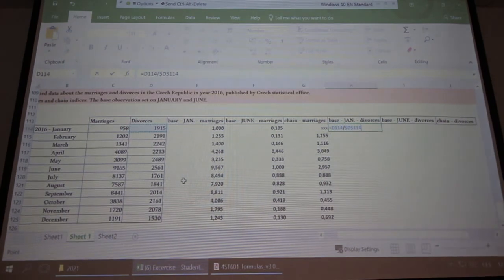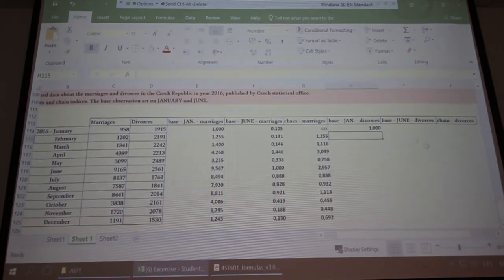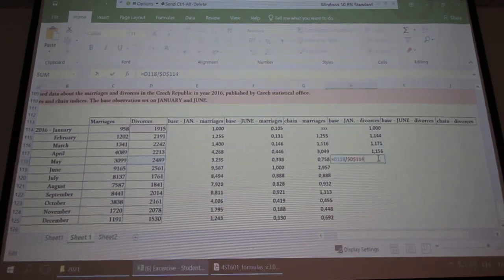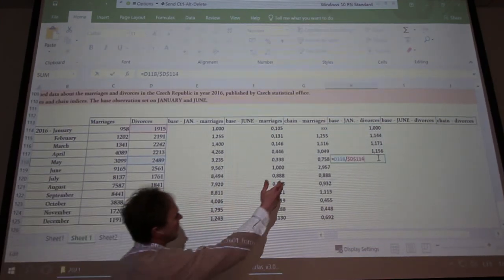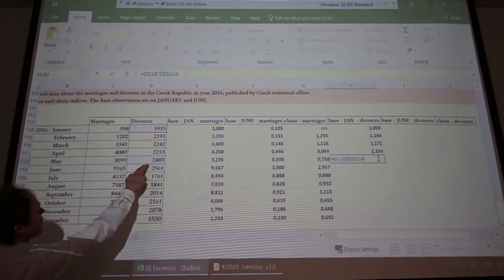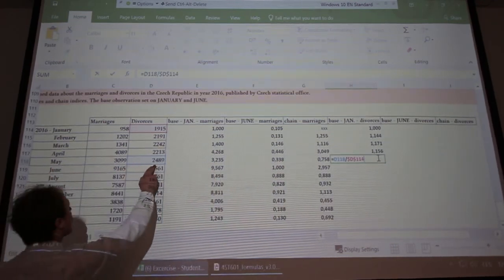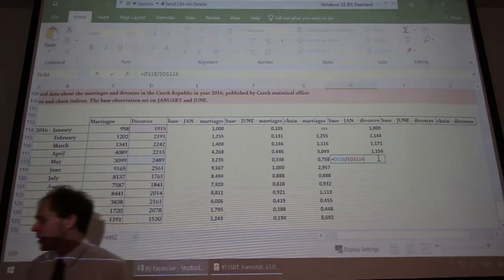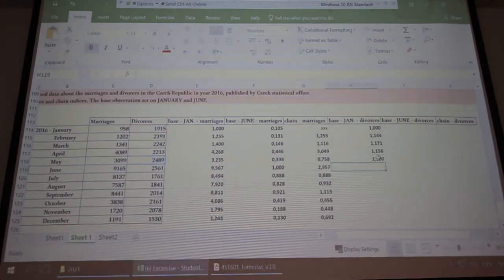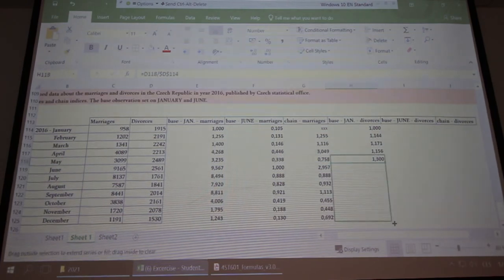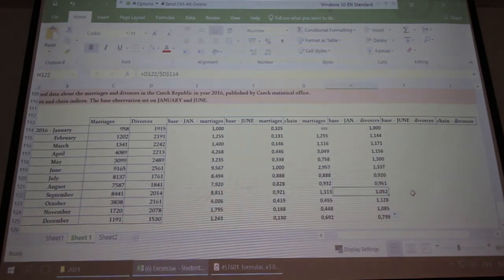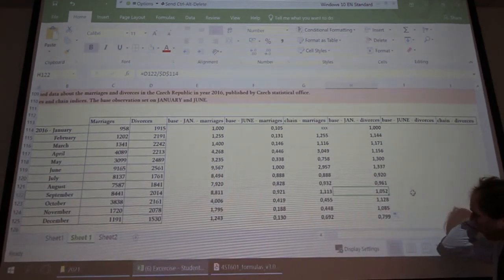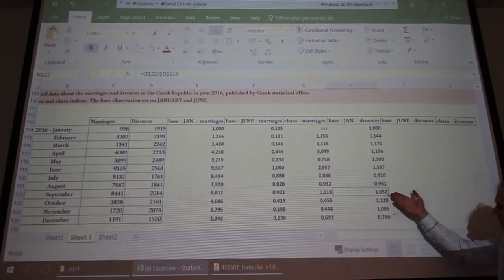Okay, so please click on enter, you can see 1, and now check. If you copy this formula, you can see that we are dividing May with January. January is fixed because January is a base. So I will finish this and you can see, for example, this value, 1.052. What is it?